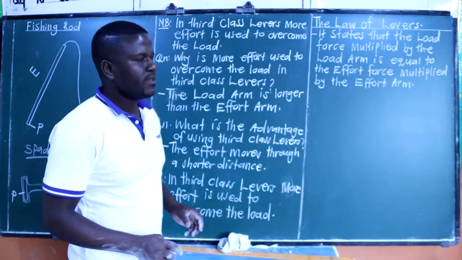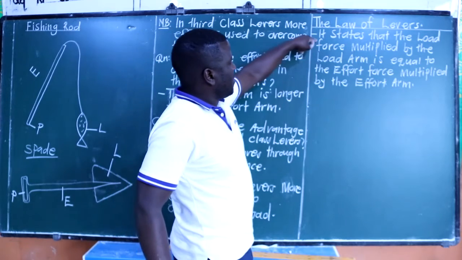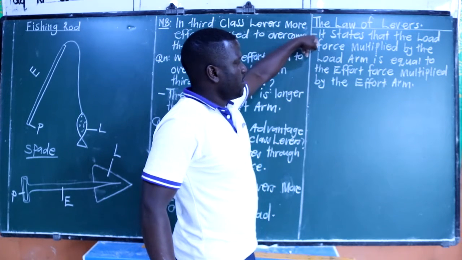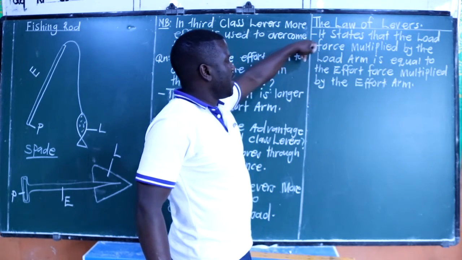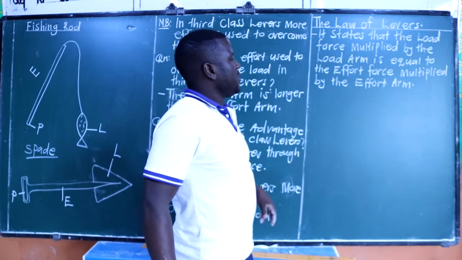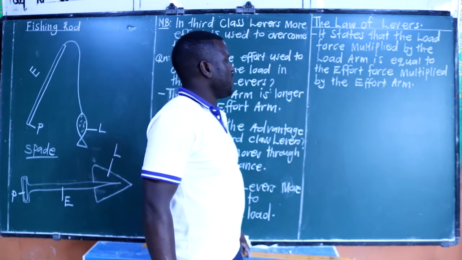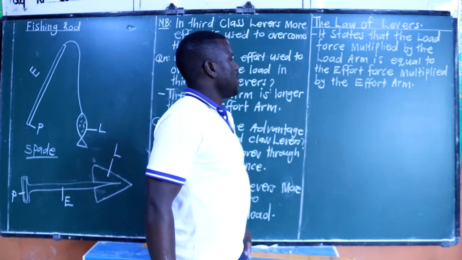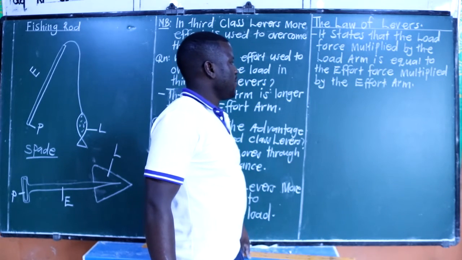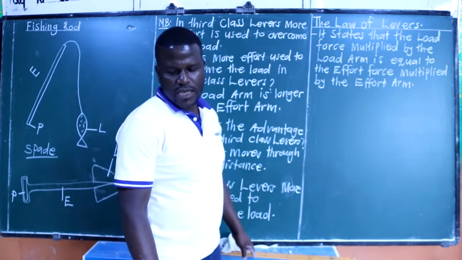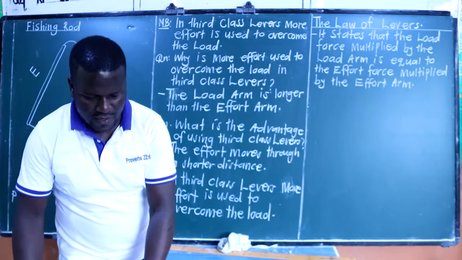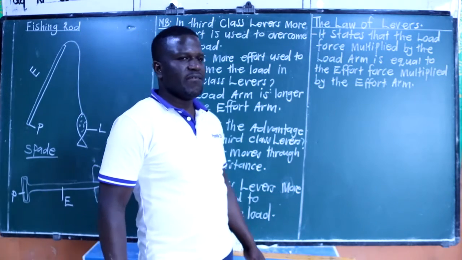As simple as that. It states that the load force multiplied by the load arm is equal to the effort force multiplied by the effort arm. That is the law of levers.